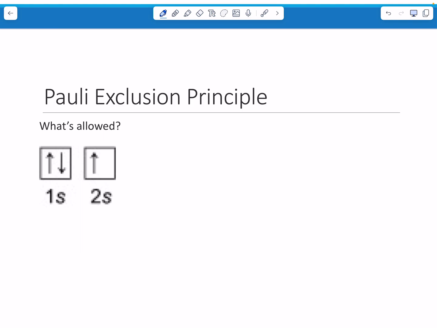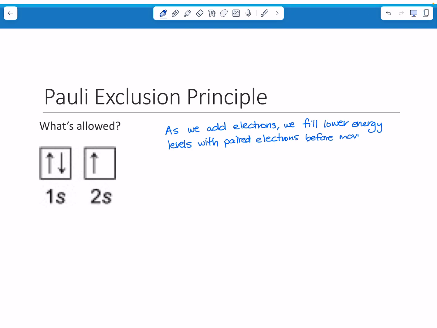So as we add electrons, we fill lower energy levels with paired electrons before moving to the next energy level.